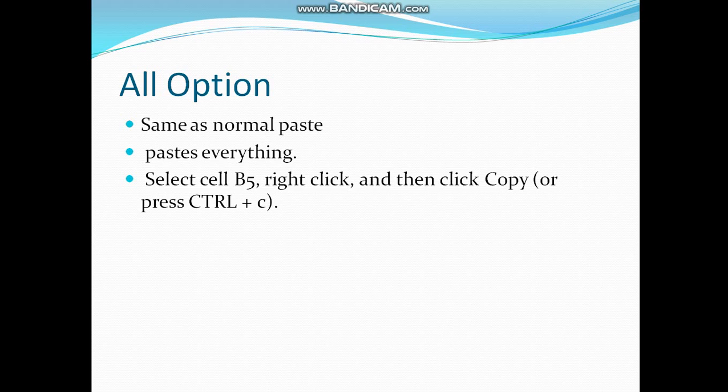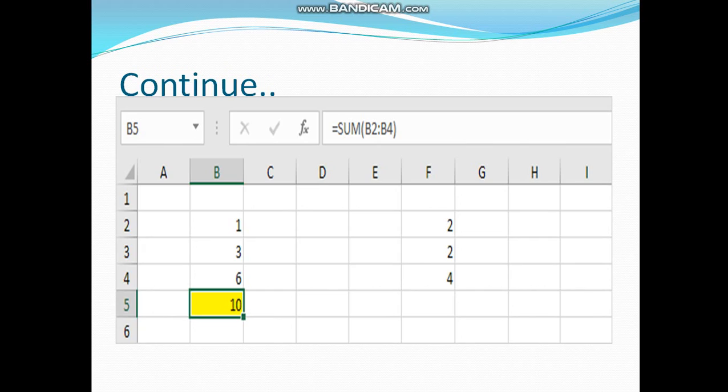Let's say you have selected a cell B5. As in this example, you can see that the sum is calculated in cell B5 and the formula is B2 to B4. The numbers have been summed, and then it is copied and we will paste that in the cell F5.